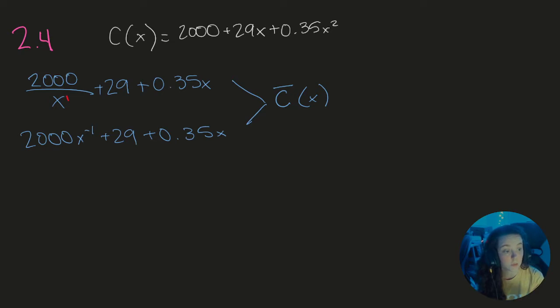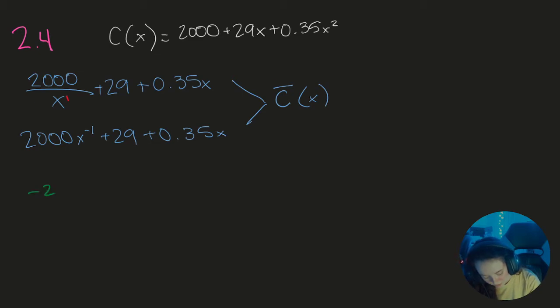That's average cost, but we cannot stop there because it asked us for marginal average cost. So then we just find the derivative. That's it. It's our C prime. In this case, our C with the line over it prime, which I'm not really sure what the line over it's called. But we're going to do it anyway. So in this case, we would say negative 1 times our 2,000, which is going to be negative 2,000. Let me put this in a different color to show you that it's a completely different step.